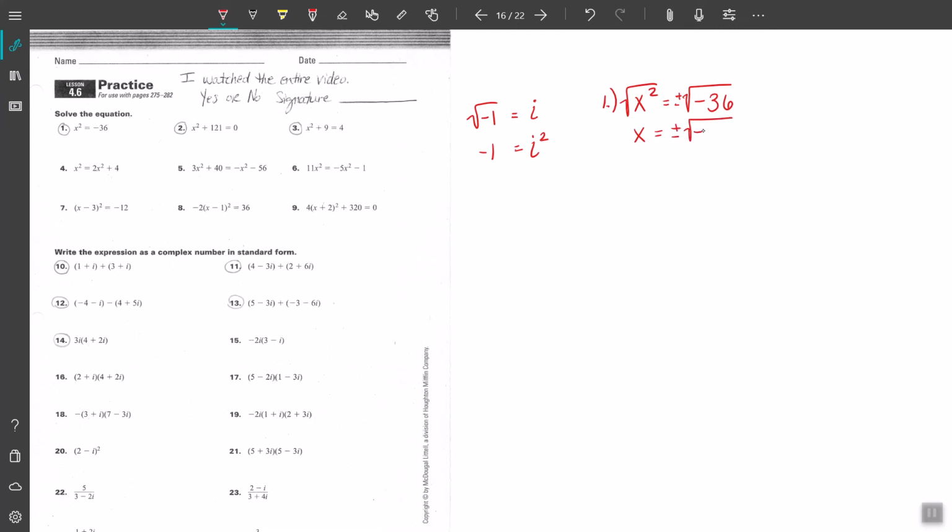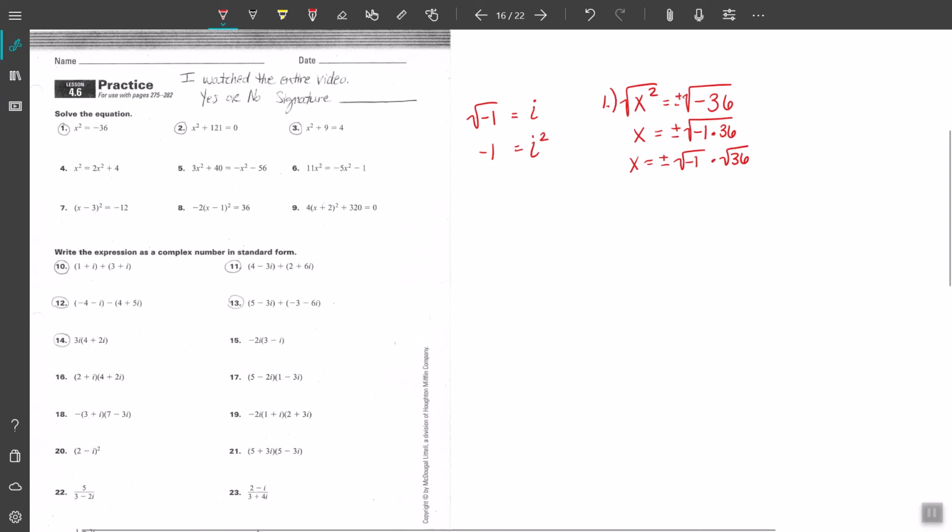If I rewrite -36 as the product of -1 times 36, you can see under there that I have the makings of i. We're going to need i, the square root of -1. So watch what I can do. I can take each of these numbers under here and put them under their own radical. Okay, so I end up with the square root of -1 times the square root of 36.